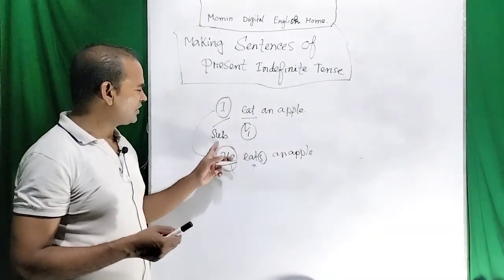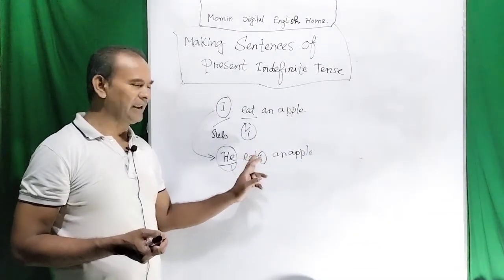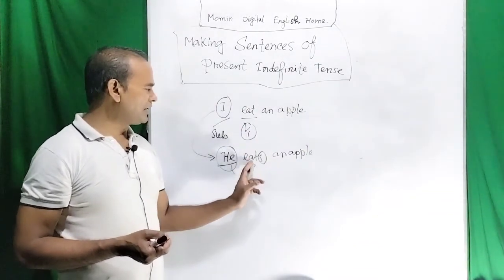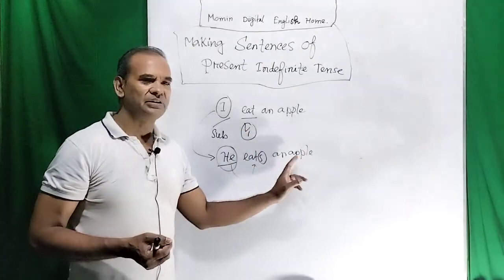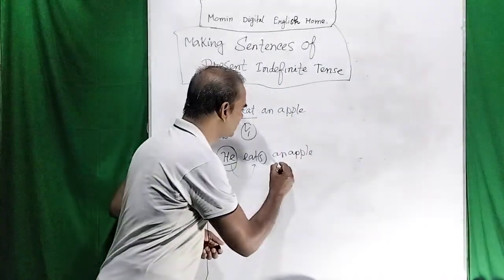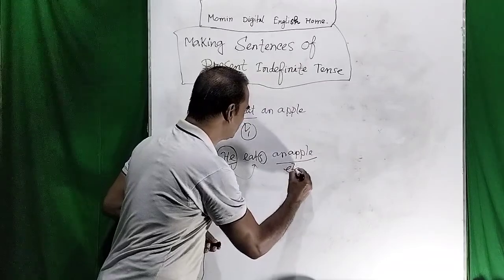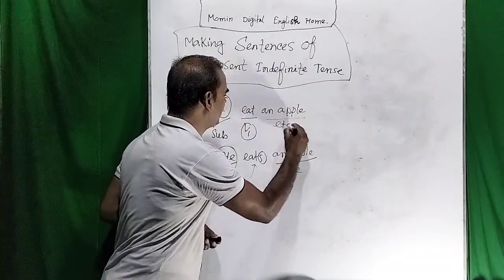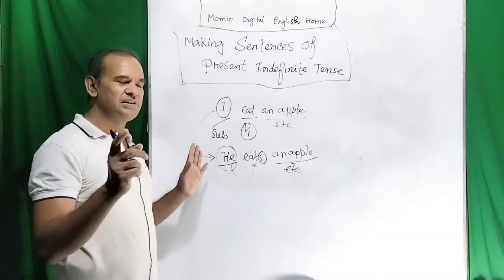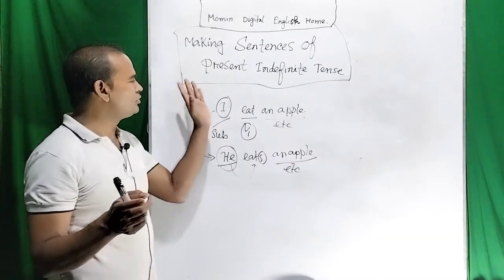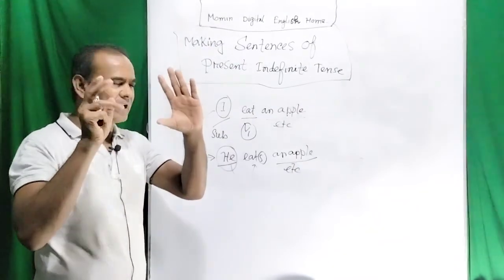So if the subject is third person singular, you have to use s or es with the verb one or the present form of the verb, and in the third phase you have to use some other words, etc. So dear students, this is the zero point of making any sentence of present indefinite tense using the action verb.